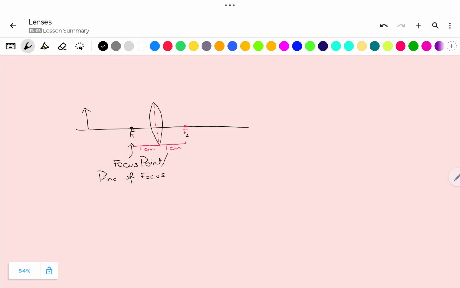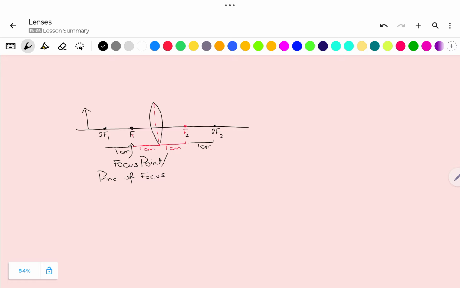Next, you're going to draw double the focus point on each side of the lens. So we'll take another 1 centimeter and put a point here and write 2 F1 and another centimeter and write 2 F2.